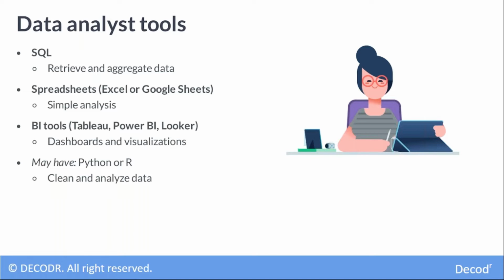Data analysts use spreadsheets to perform simple analysis on small quantities of data. Analysts also use business intelligence or BI tools such as Tableau, Power BI, or Looker to create dashboards and share their analysis. More advanced data analysts may be comfortable with Python or R for cleaning and analyzing data.